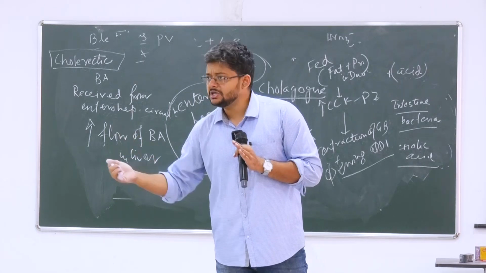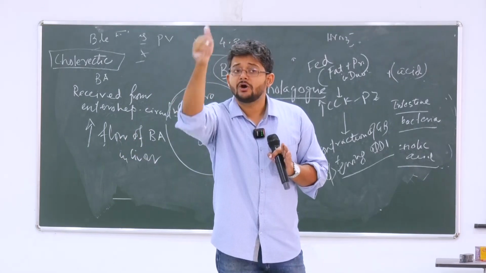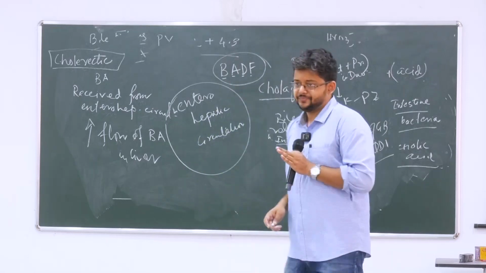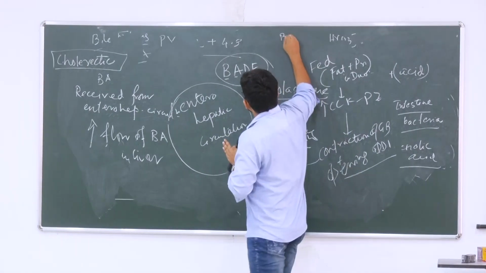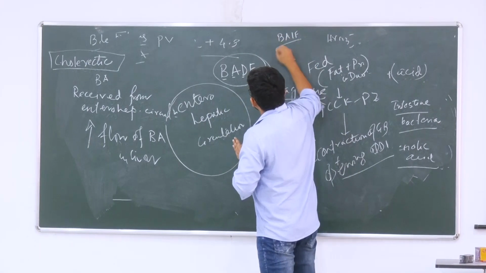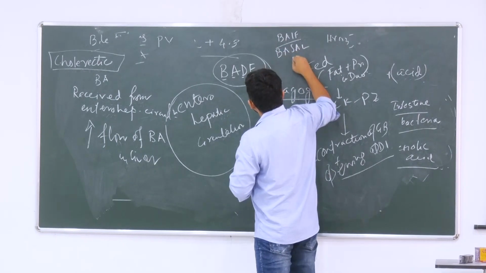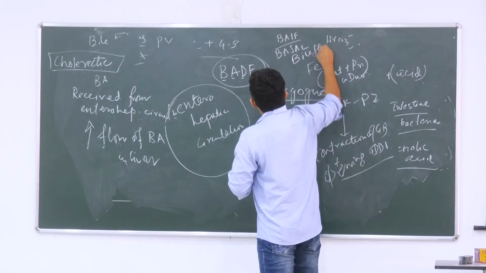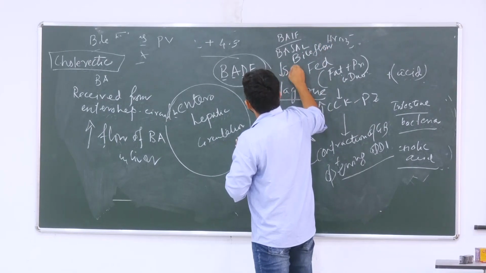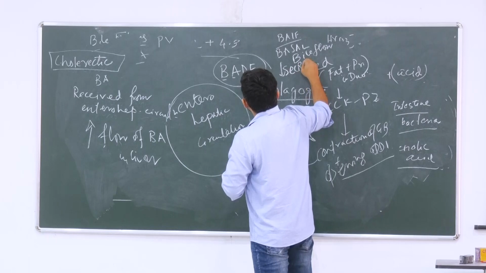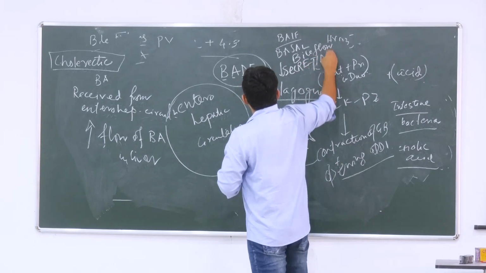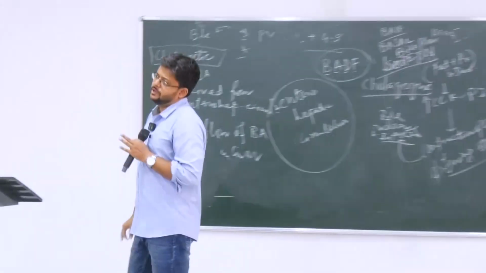It is a secretion, and it is under the action of hormone secretin. So it is BAIF. We can call it basal bile flow. Basal means whole day. It is under the action of secretin. It is again a GI hormone. BAIF. এইটা হচ্ছে control of bile secretion.